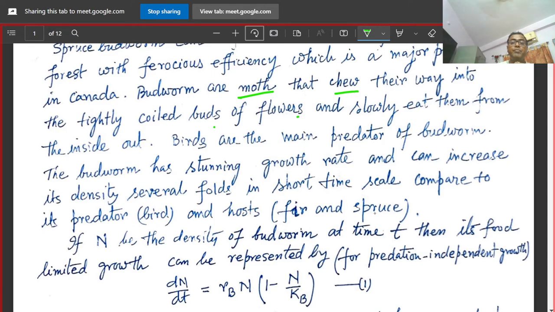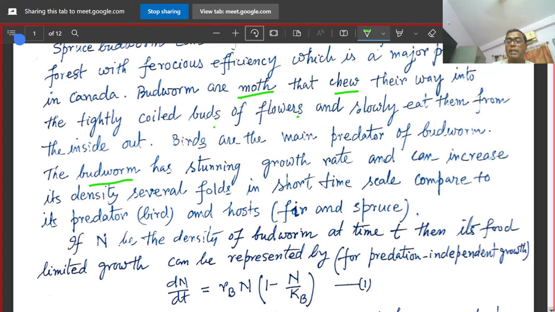So budworm grow very quickly compared to the birds or spruce or fir trees. This is the budworm, which is the major problem in Canada, and its main predator is birds.